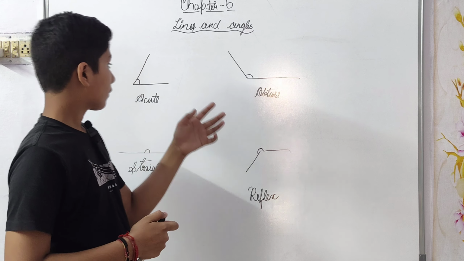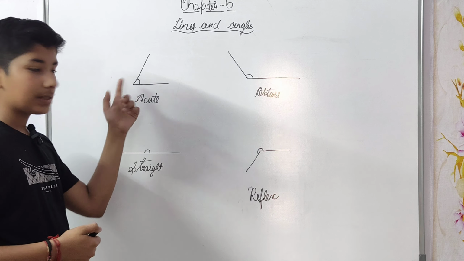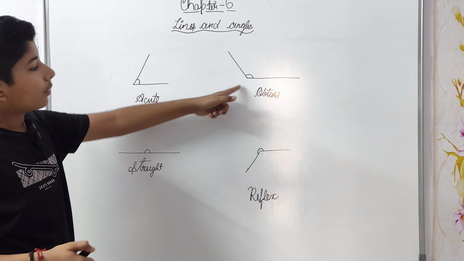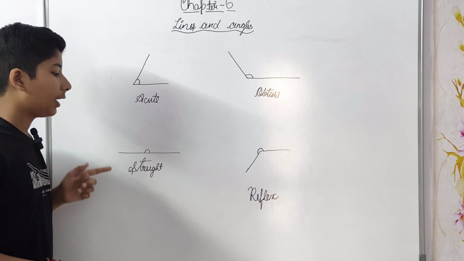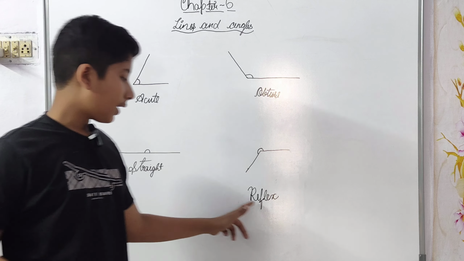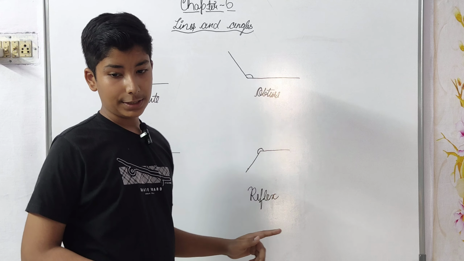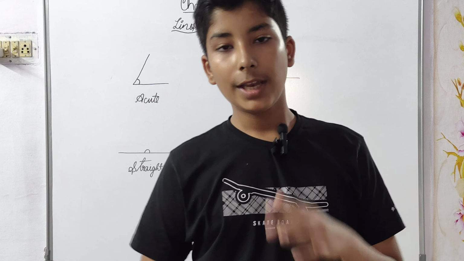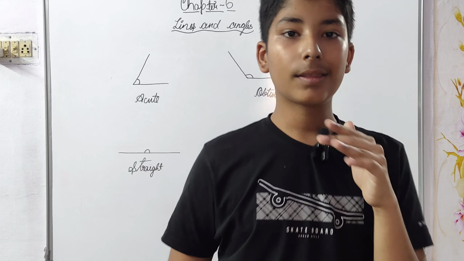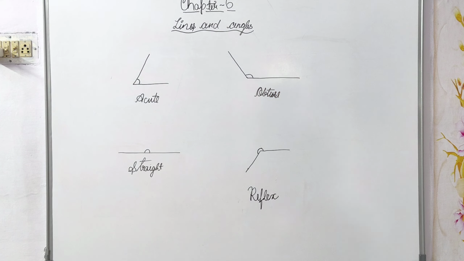Acute is less than 90, obtuse is more than 90, straight is 180 degrees and reflex is more than 180 degrees. Now I will tell you supplementary and complementary angles.